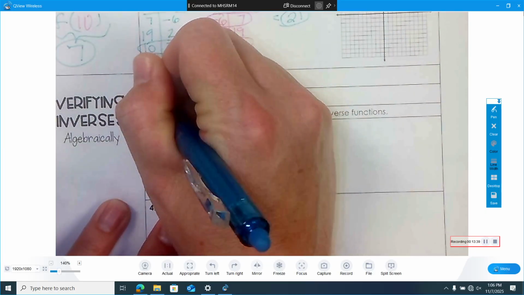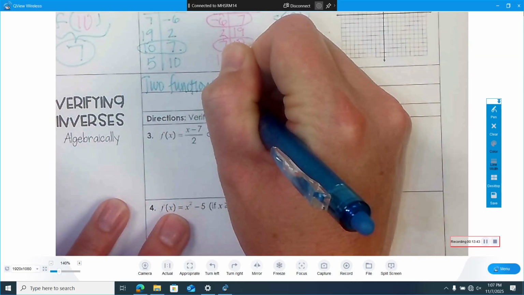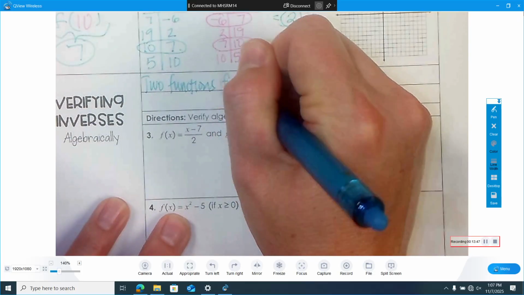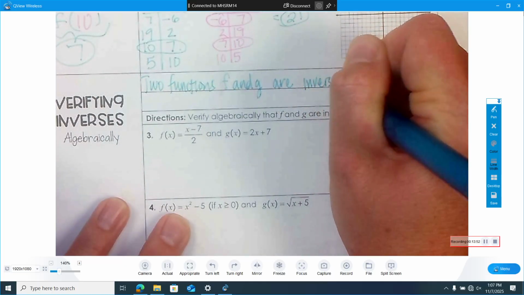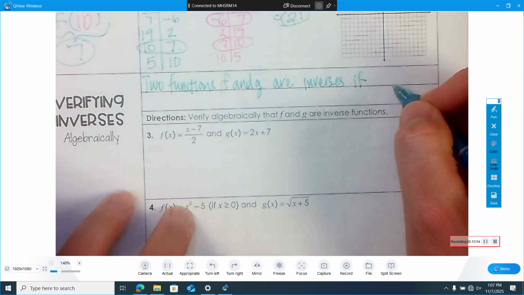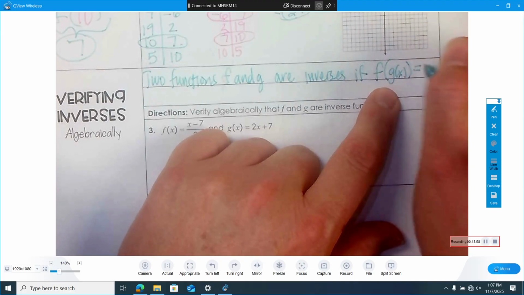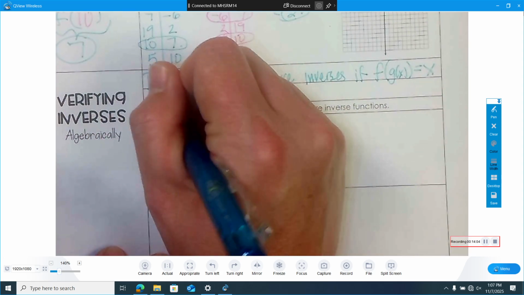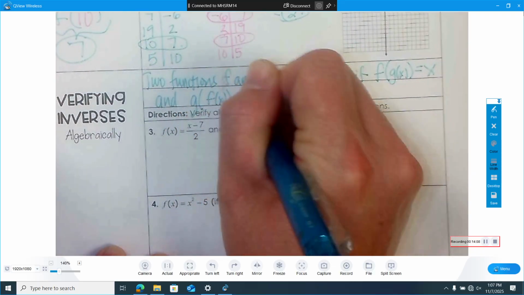So, two functions f and g are inverses if f of g of x equals x, and g of f of x equals x.